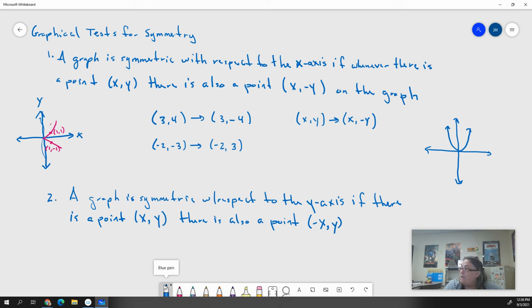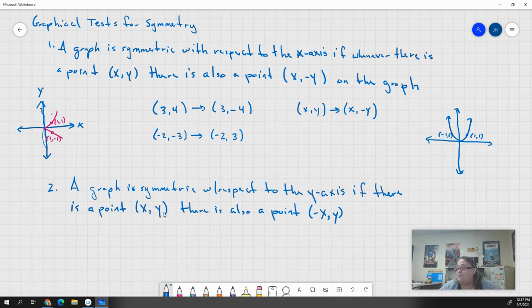And every point here, like if I had a point here at (1, 1), here I would have a point at (-1, 1). Does that make some sense? I got a head nod in there. I'm still getting blank stares from all of you, so I'm hoping you're kind of seeing that. And it'll probably make way more sense when we test for it algebraically.